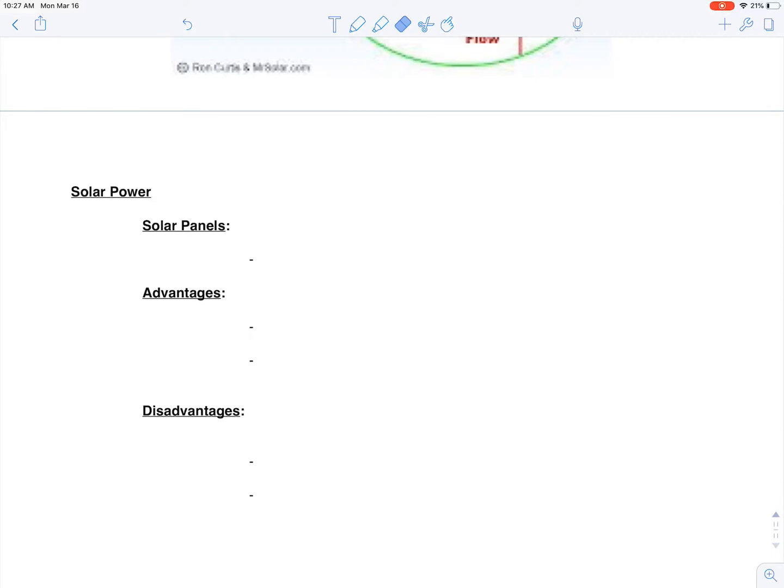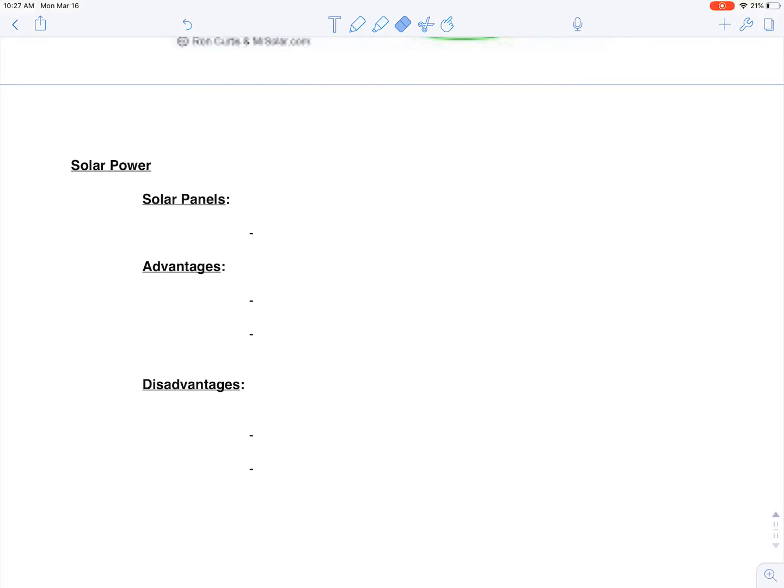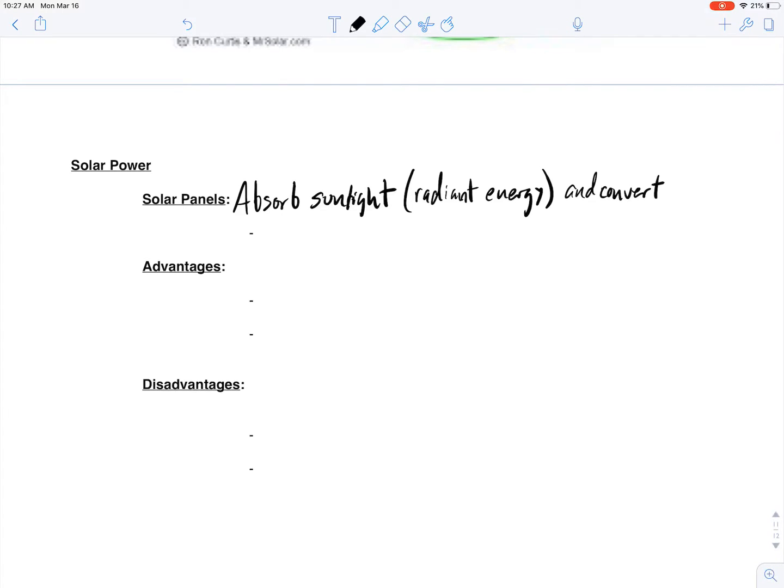On our note sheet here, we're going to say that a solar panel's job is to absorb sunlight, which is radiant energy, and convert it to electrical energy by forcing those electrons to go the long way around.